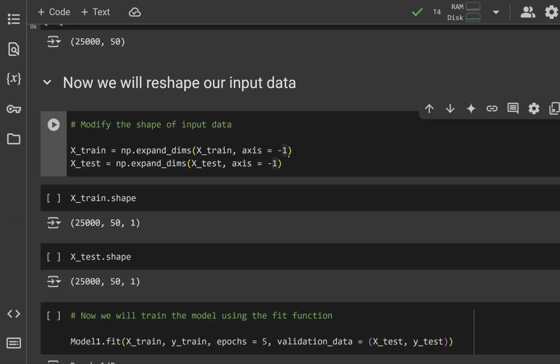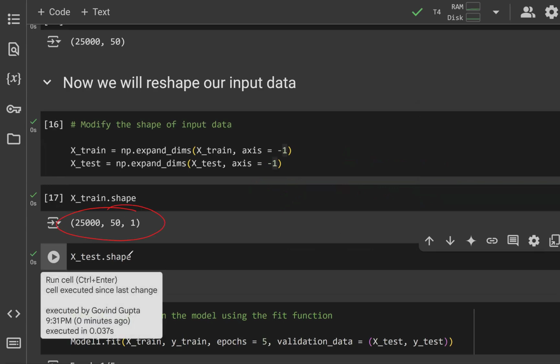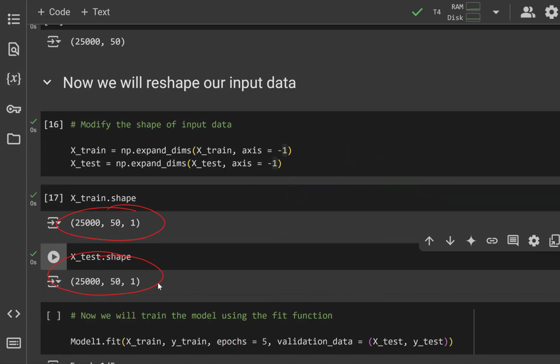If you put 0, it will be 1, 25,000, 50, but we don't need that. We want 25,000, 50, 1. We do this for both training and testing. Once you run this and check the shape for both, see, it has changed to 25,000, 50, 1. That is 3 dimensions.